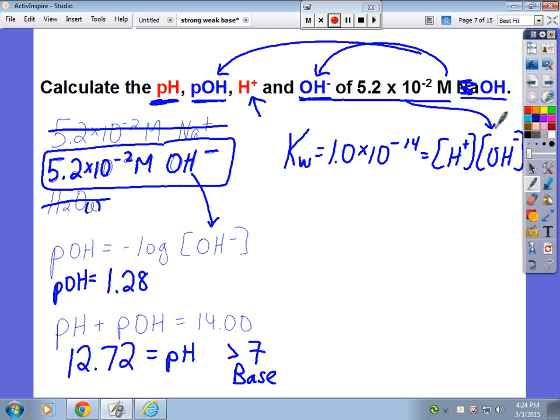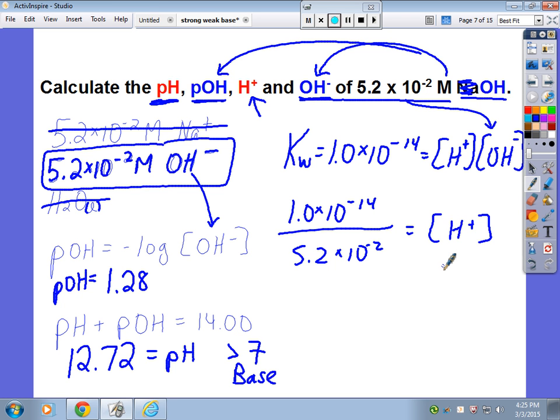And that's my OH minus, isn't it? So if I plug that in and I solve, that's going to be my hydrogen ion concentration. And if I solve, I get 1.92 times 10 to the negative 13th molarity for my hydrogen ion.